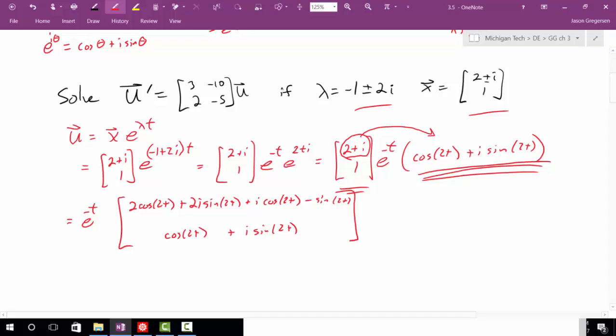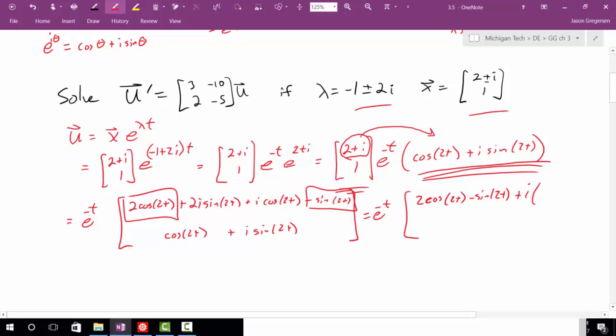Once again, the goal is just to separate the real stuff from the imaginary stuff. So e to the negative t, I'll put my real stuff first: 2 cosine of 2t minus sine of 2t. All my real stuff in boxes maybe. And then my imaginary stuff, my complex piece here, but they both have i, so I'm going to factor that i up.